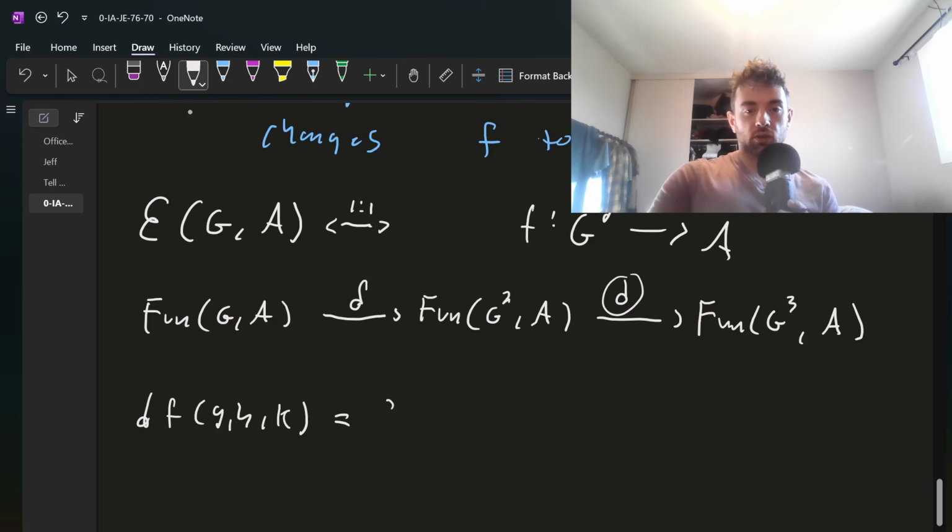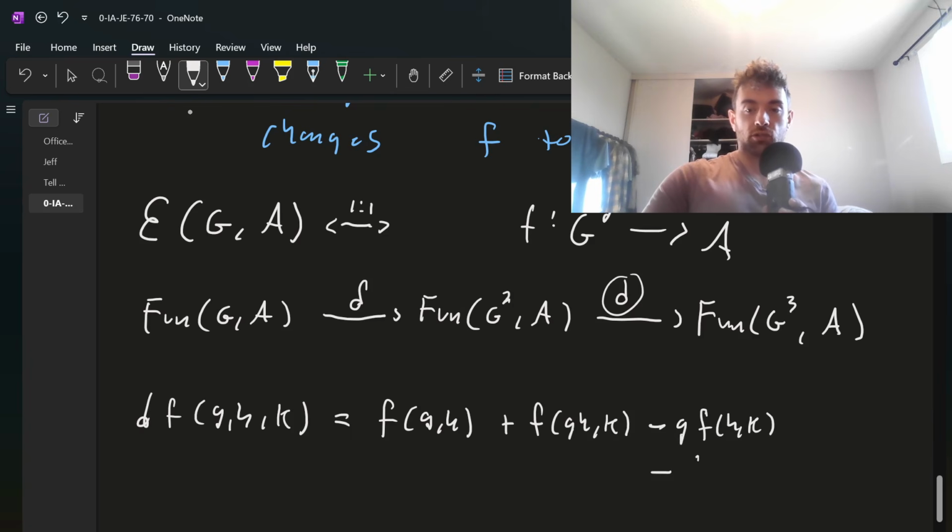And it's exactly going to be f of gh plus f of ghk minus G acting on f of hk minus f of g hk.